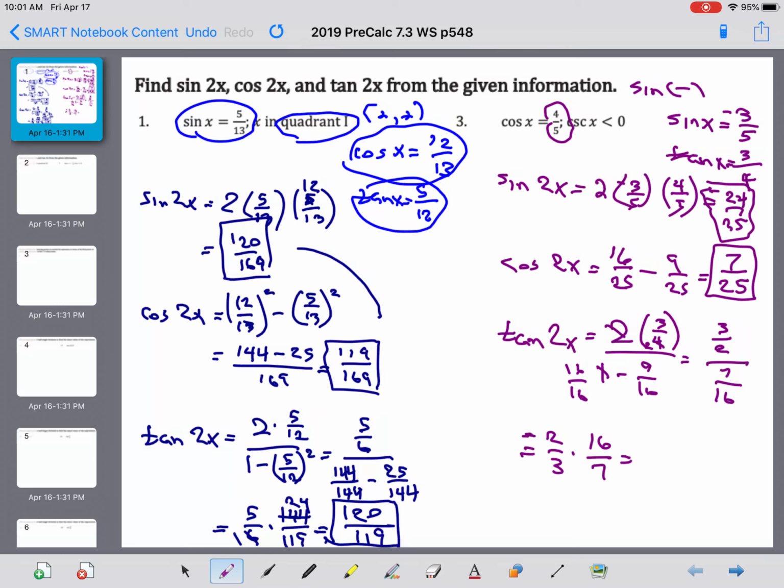This is negative because this is negative. Oh, this is 3/2. That equals negative 24/7.